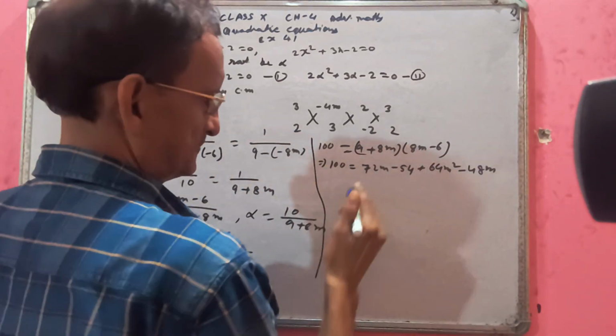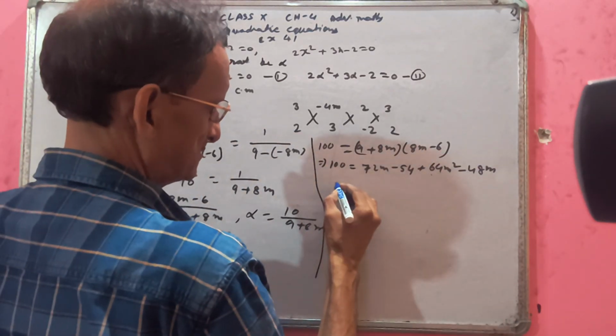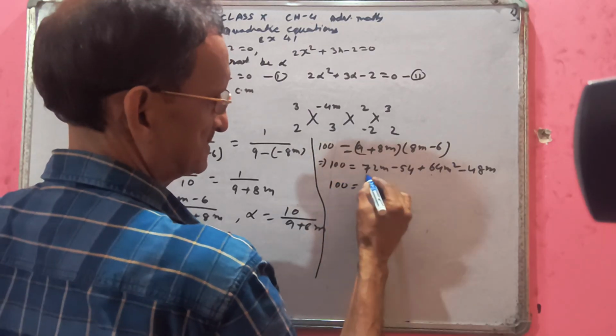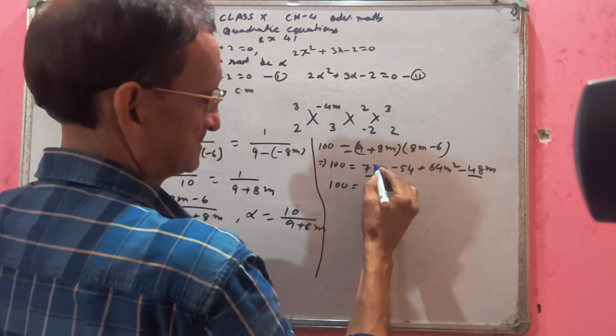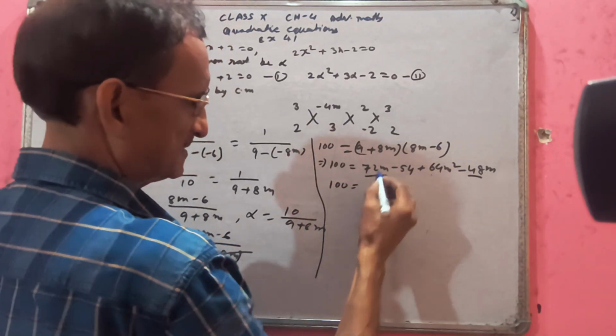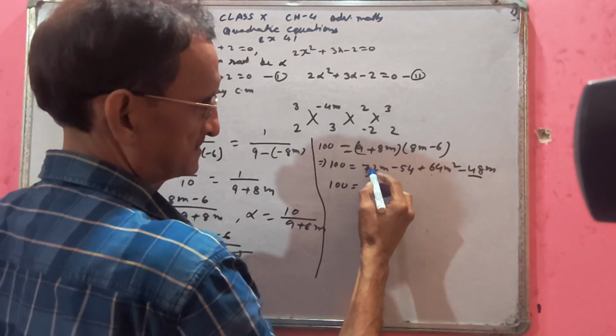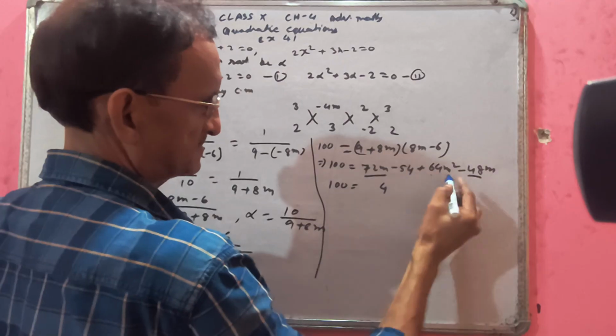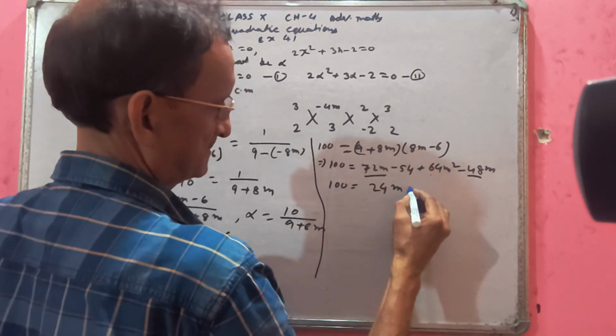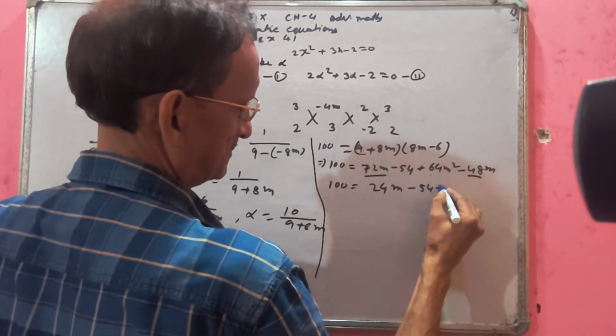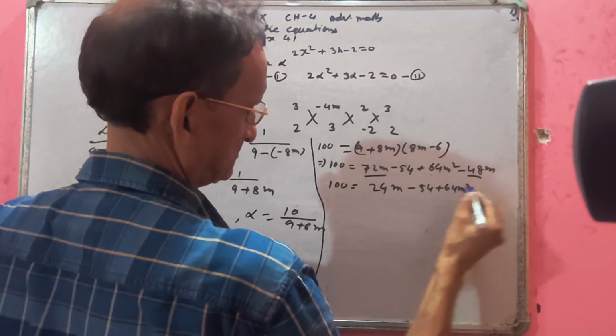So first write down this 64m square. One more simplification: 72 minus 48, how much will we get? 12 minus 8 is 4, and 6 minus 4 is 2, so 24m minus 54 plus 64m square.